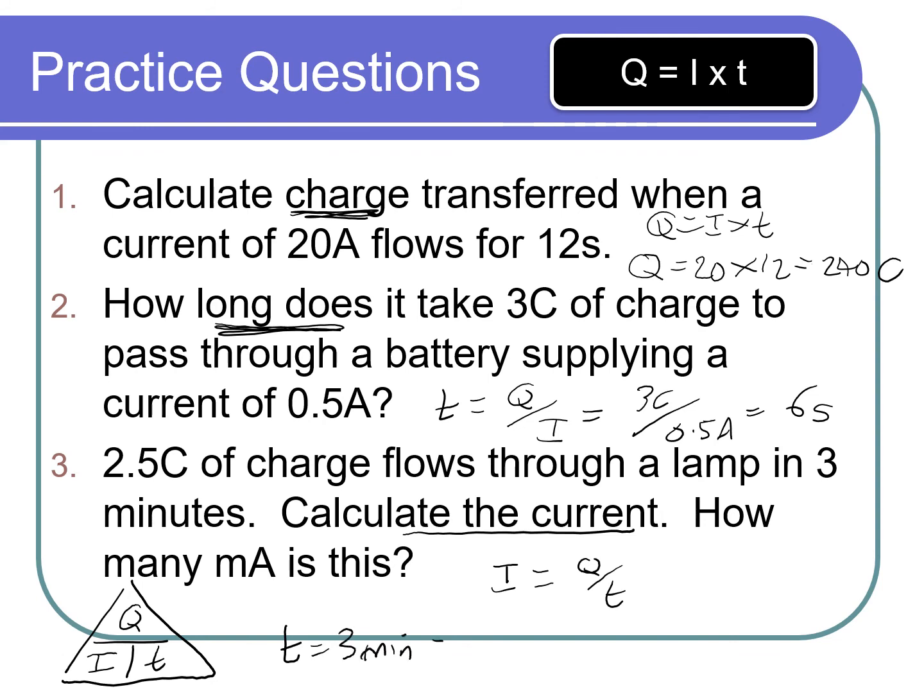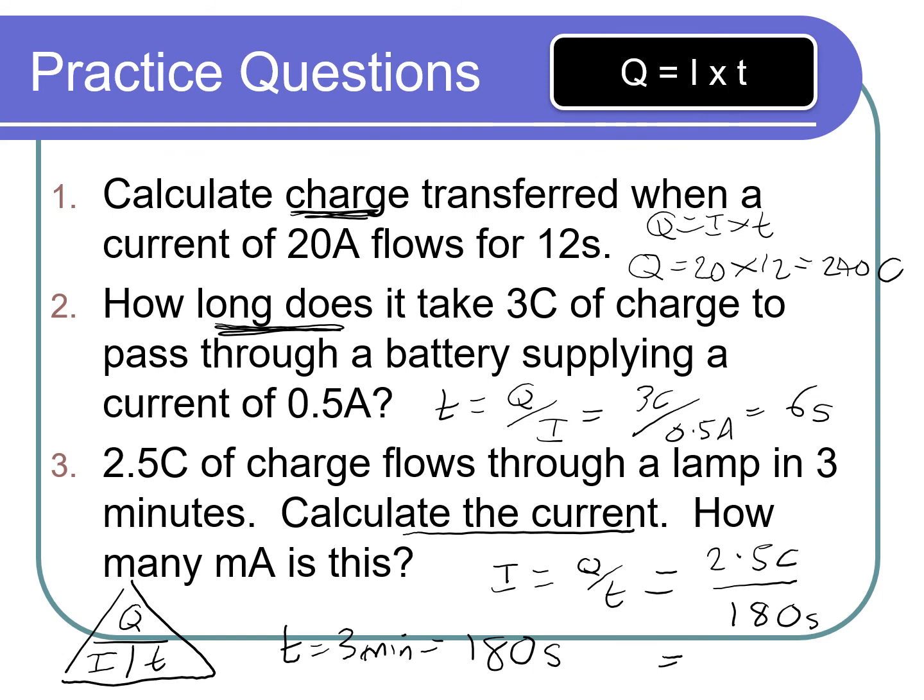So 3 minutes multiplied by 60 is 180 seconds. Going back, the charge is 2.5 coulombs divided by 180 seconds. I'm just going to get my calculator out.